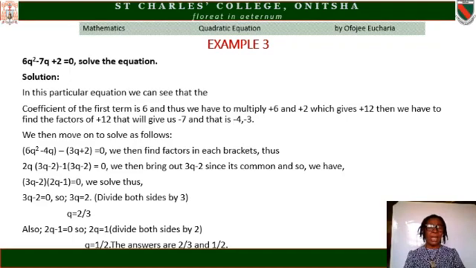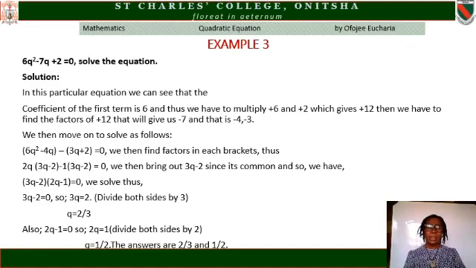That is multiplying 6 and plus 2, which will give us plus 12. Then we go on to find the factors of plus 12 that will give us minus 7. And the factors are minus 4 and minus 3, which gives us minus 7.